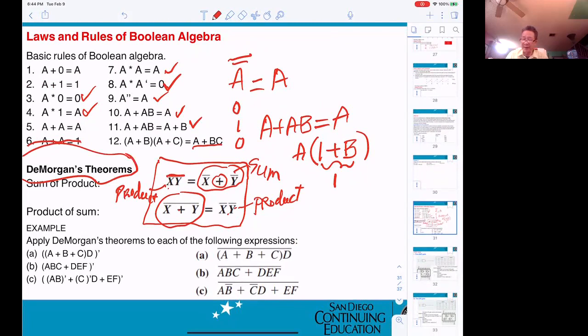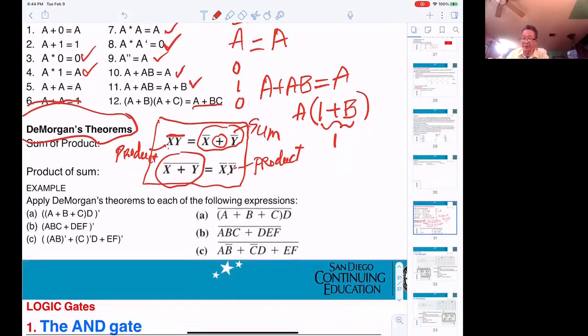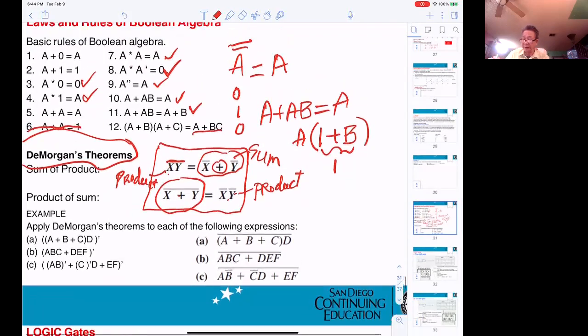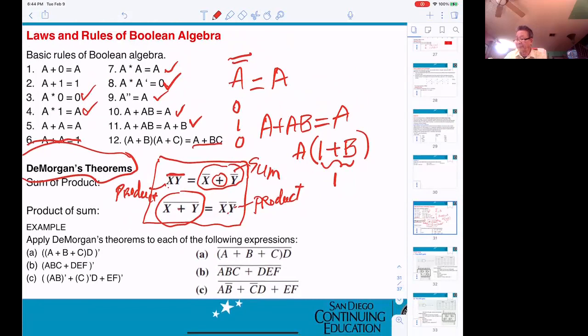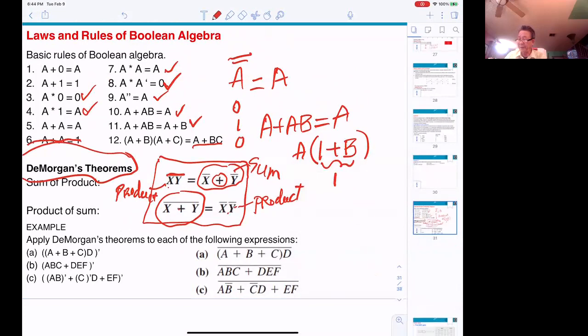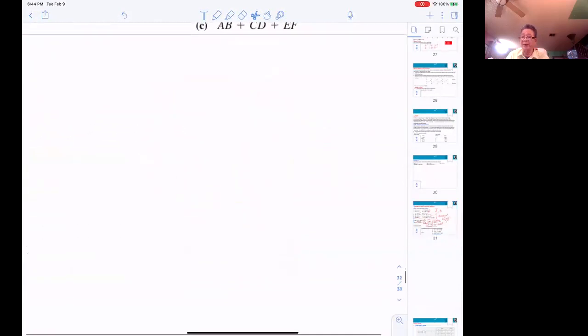Okay, A, not A or B or C and D. Let's see, I want to get the paper. Okay, and I want to copy that guy. Copy, and now I go paste in here.